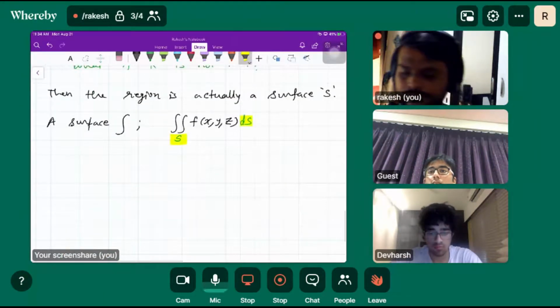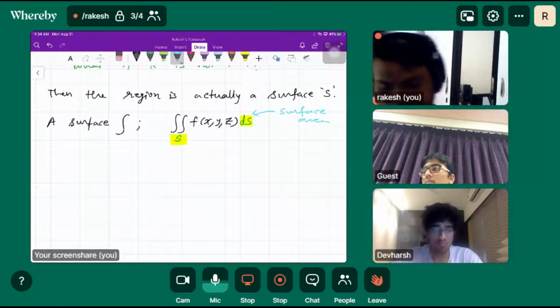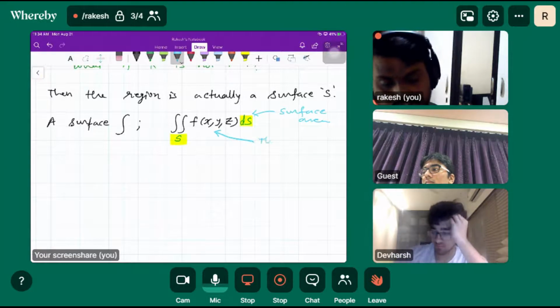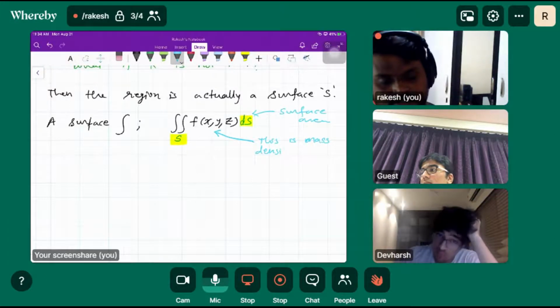So this is the surface area. You can write this is the mass density function.